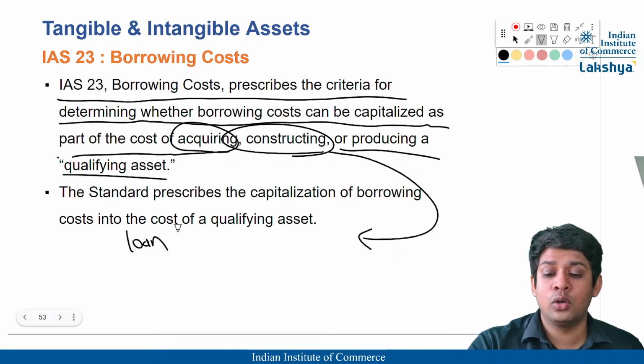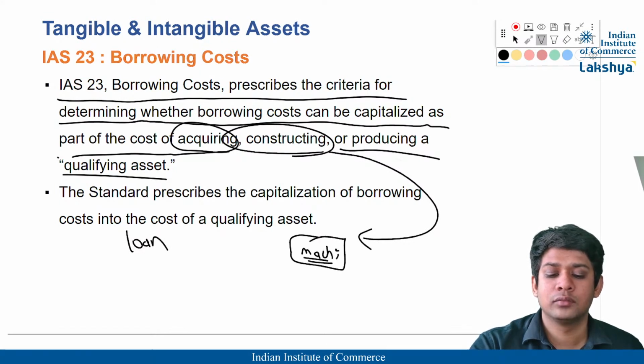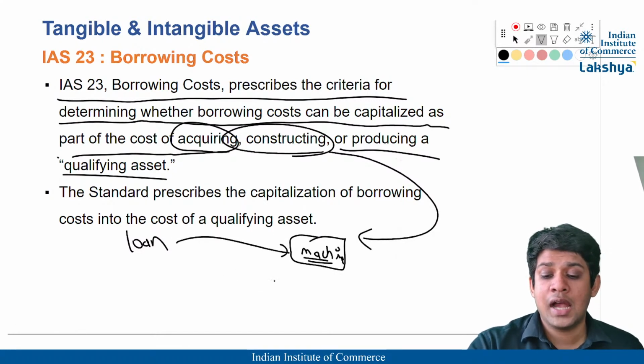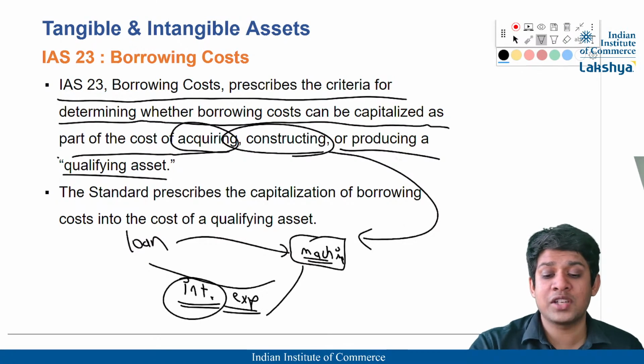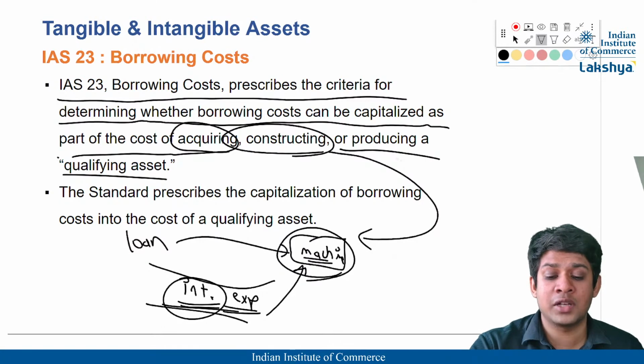Say that I've taken a loan for the construction of a machinery. I am paying interest on that loan, right? But this interest, which is an expense to me, that can be capitalized to the machinery because I'm paying all this solely for the purpose of construction of that machinery.